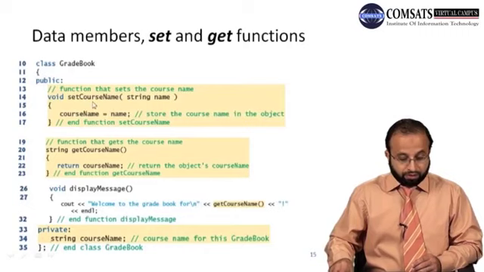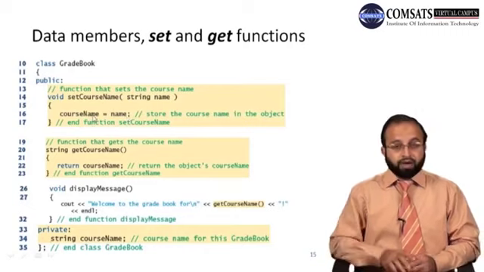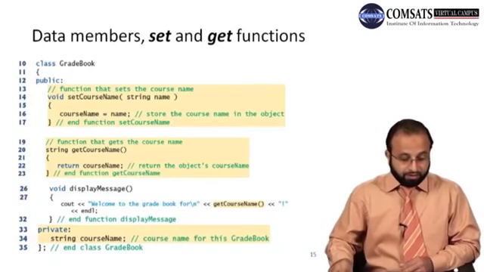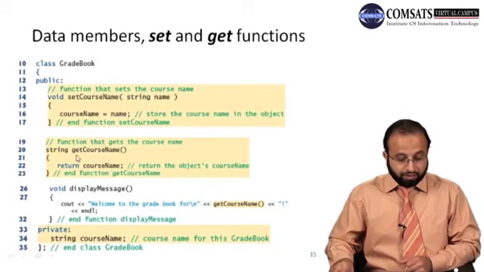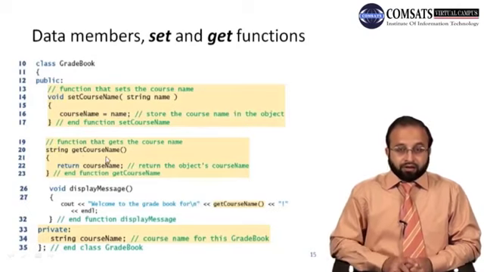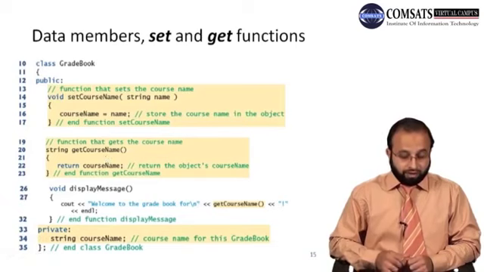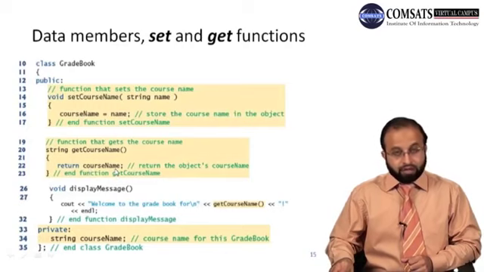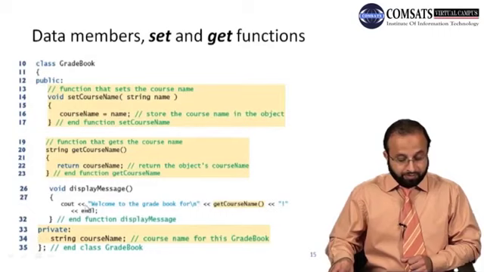So with the set function you are assigning the value to the private data member of the grad book object. And there is another function, get course name. Get course name will return the course name. So this function returns the object of string type, and it actually returns the value of the course name object. Display function will display it on the screen, right?